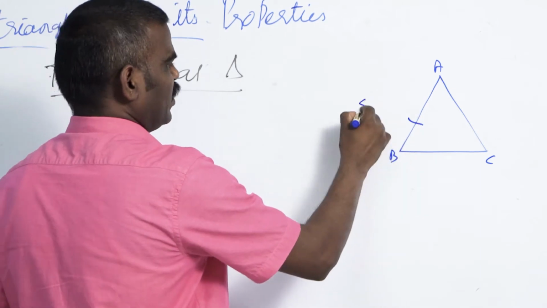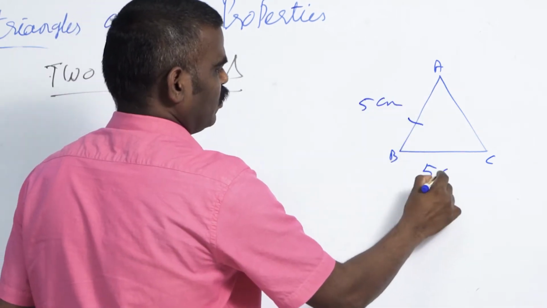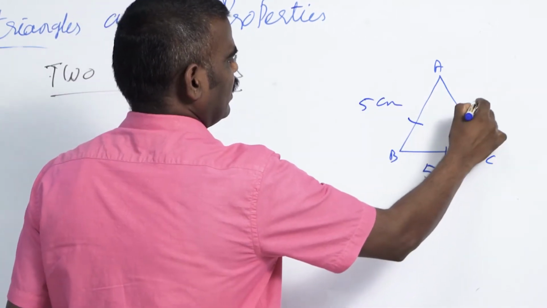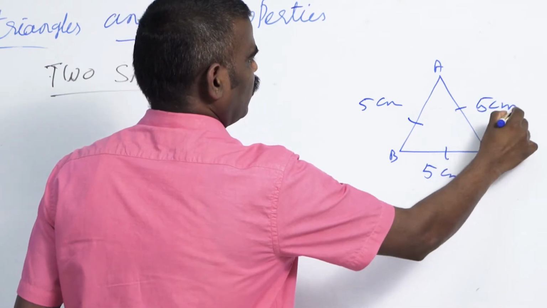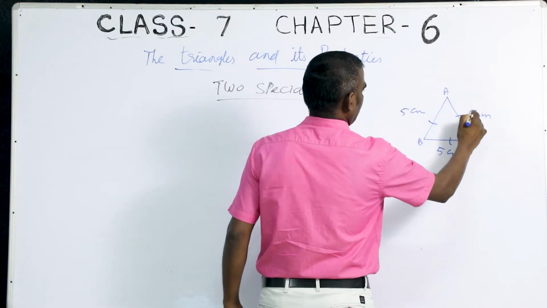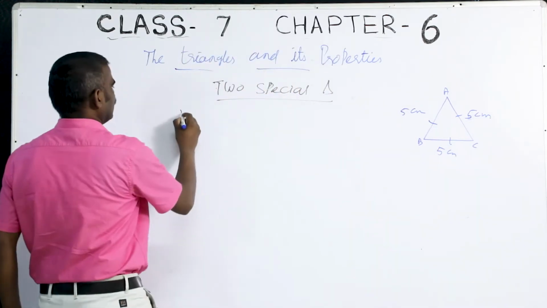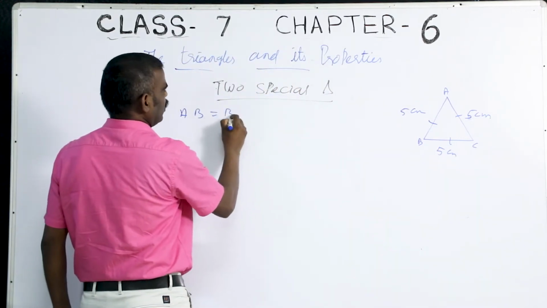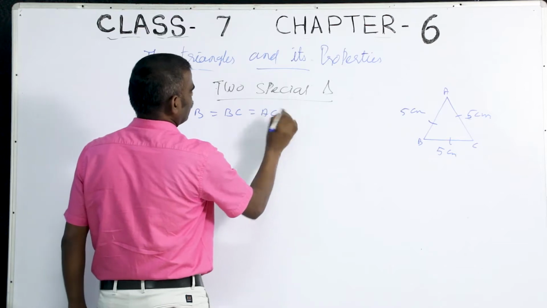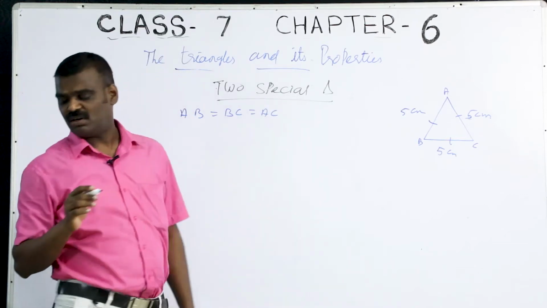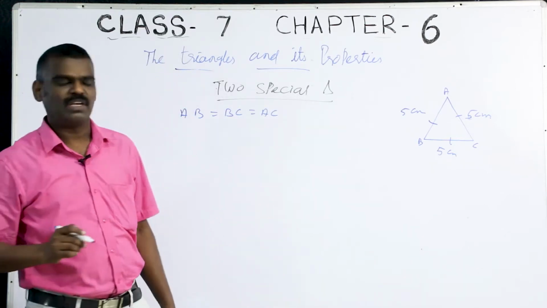AB, if it is 5 centimeter, BC also 5 centimeter, AC also how much? 5 centimeter. If all the sides are equal, that is AB equal BC equal AC, then it has a name called which one? Equilateral triangle.